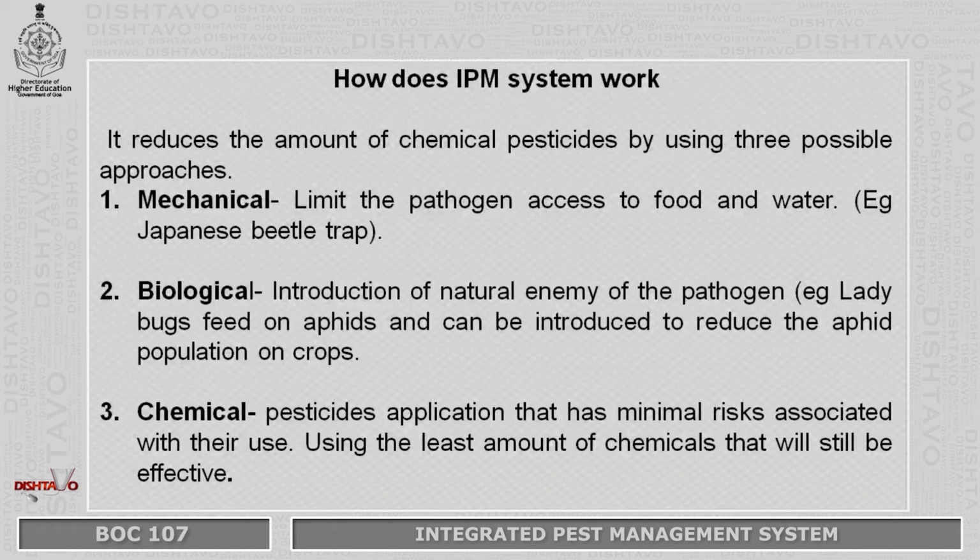Here, a natural enemy of the pathogen is introduced. For example, the ladybug feeds on aphids. This ladybug is introduced to control the population of aphids. Then third, we have chemicals. Here the pesticides used have minimal risk associated with their use. And using the least amount of chemical will be very effective.